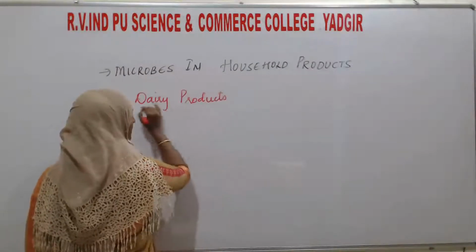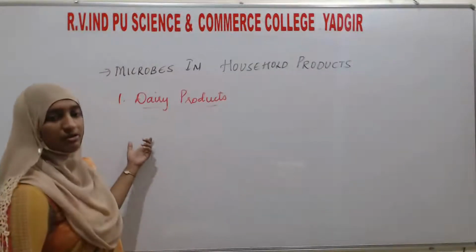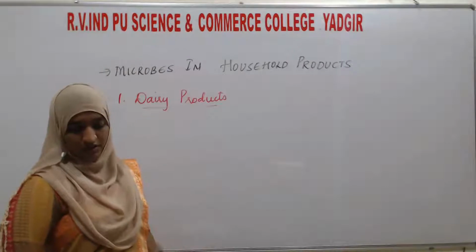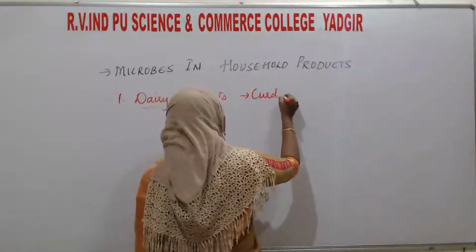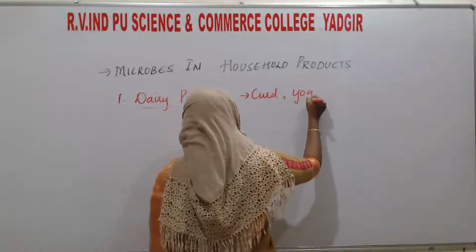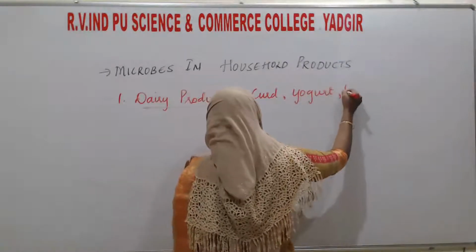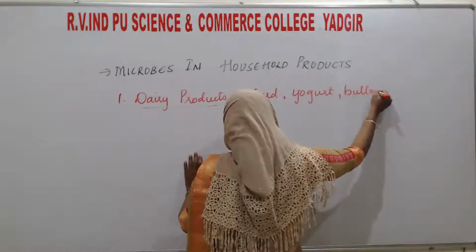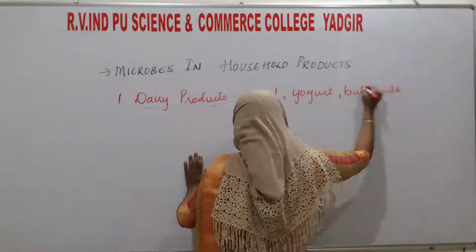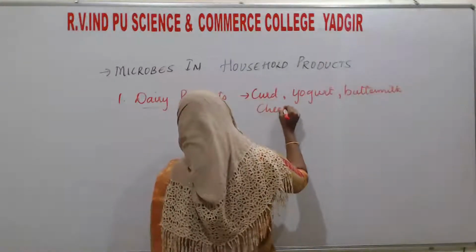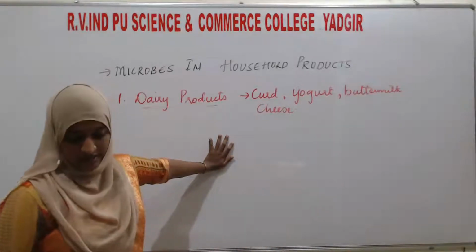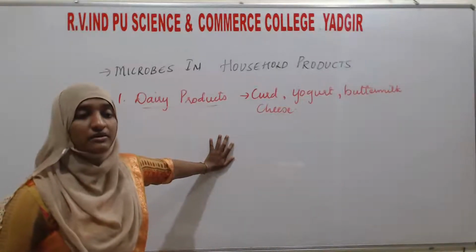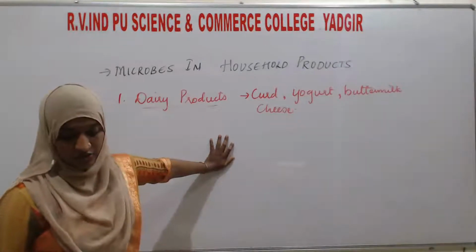What are the dairy products in which microorganisms are used? Such as curd, yogurt, buttermilk, cheese, etc. These are some of the dairy products in which microbes are used.